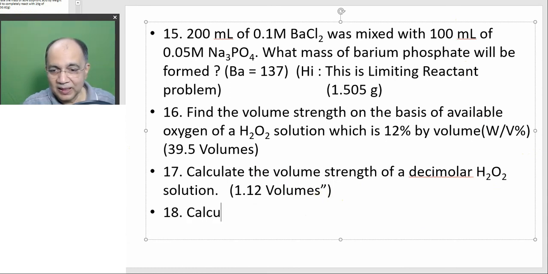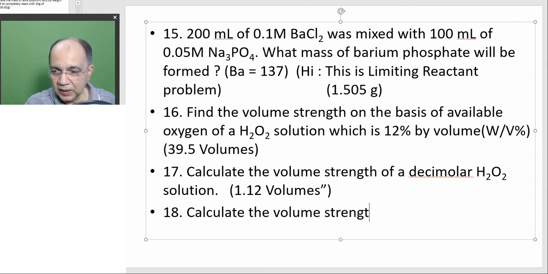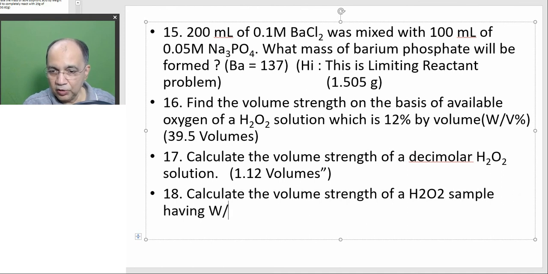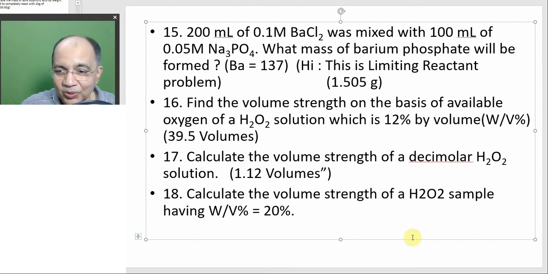Calculate the volume strength of a commercial sample of H2O2 having W by V percent equal to 20%. Right?